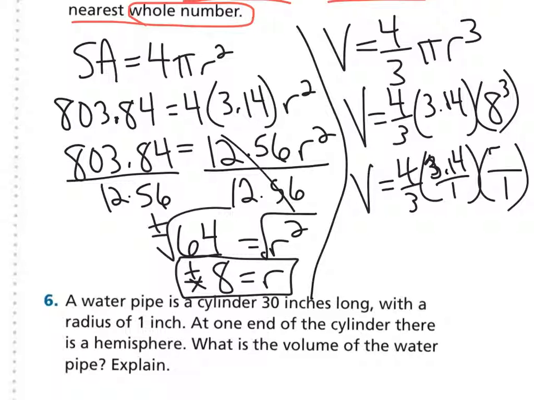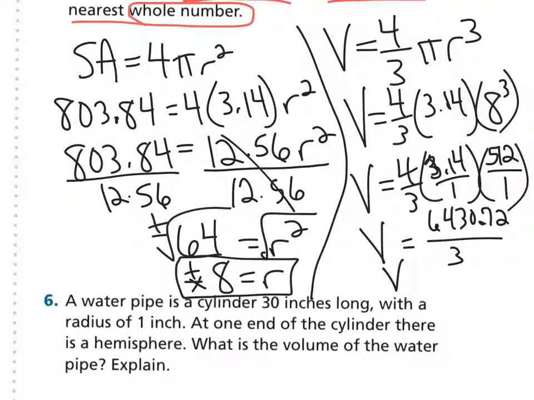So 8 cubed is 512, and then if you want to, we can multiply across here. So that's 6,430 and 72 hundredths all over 3. And then we'll divide that out.